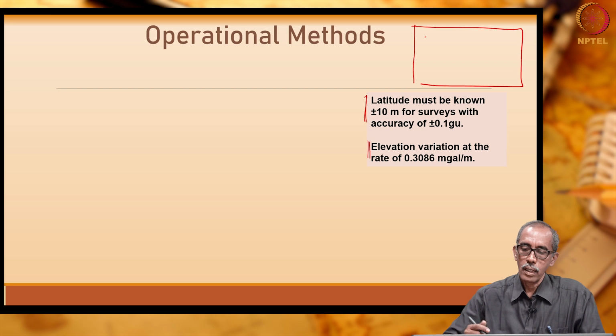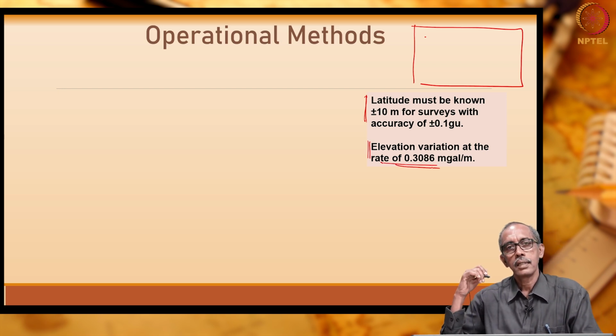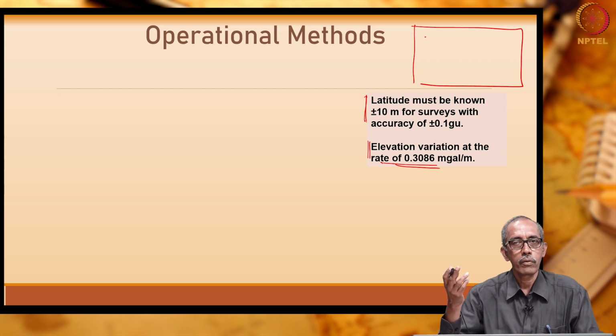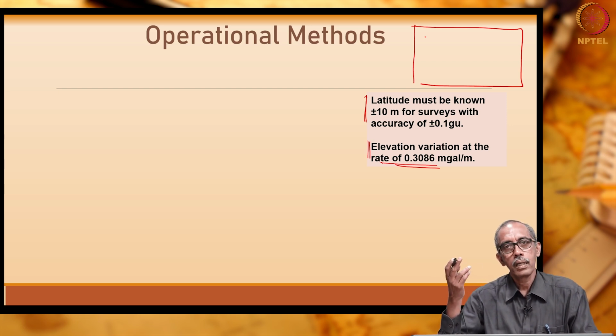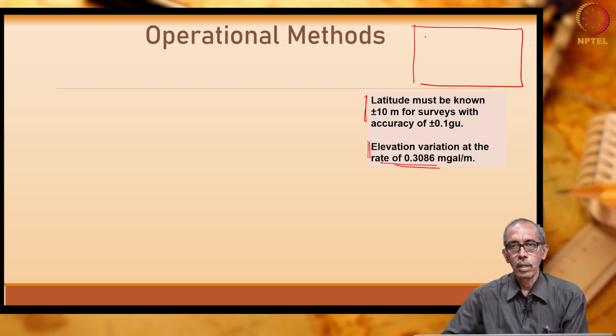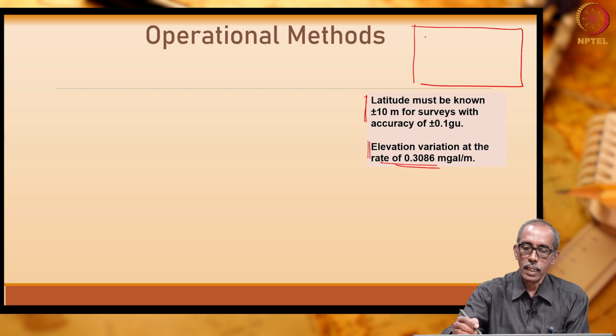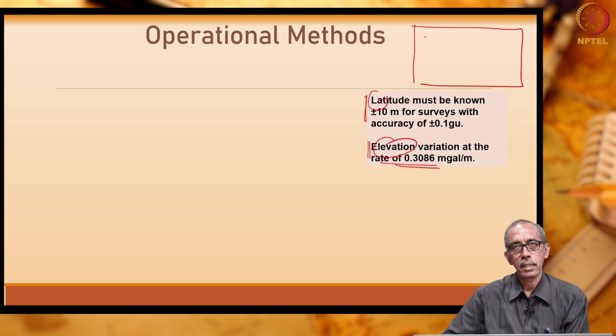Why? Because we know for every meter change in the elevation, the gravity value is going to vary by 0.3086 milligauss. We need to reduce this value, or we need to correct for the elevation. So, we need to know the precise latitude as well as elevation of our gravity stations.